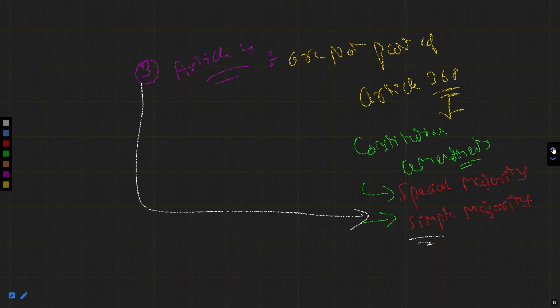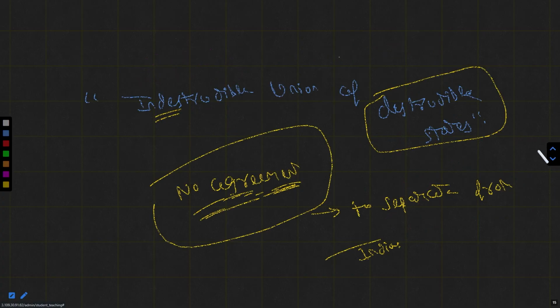It means that the parliament could easily increase or decrease the area of the state. That's why India is known as the indestructible union of destructible states. No one is allowed to separate from India, but India can increase or decrease the size of any state within the Indian country.